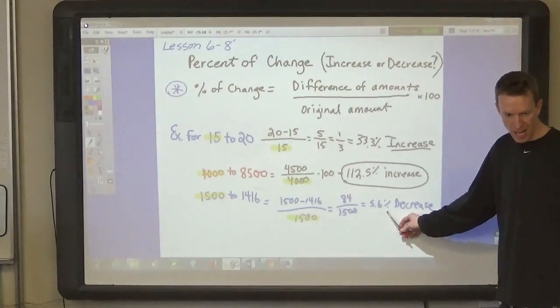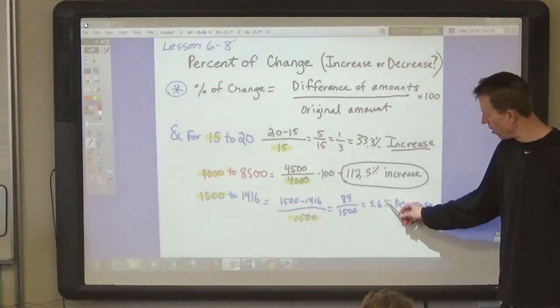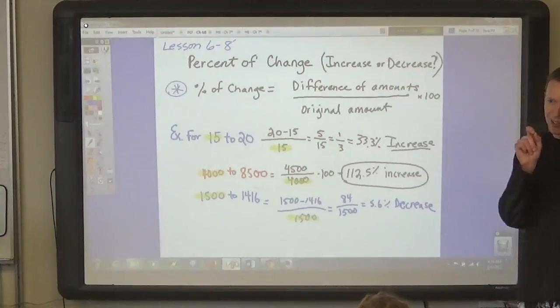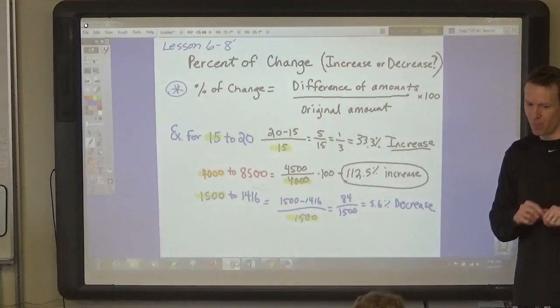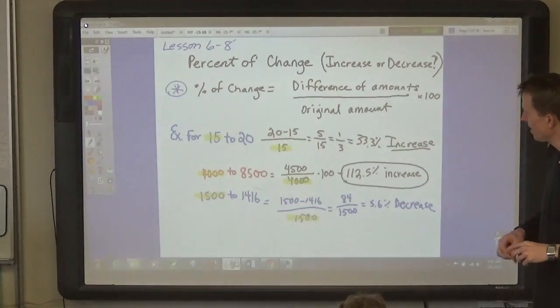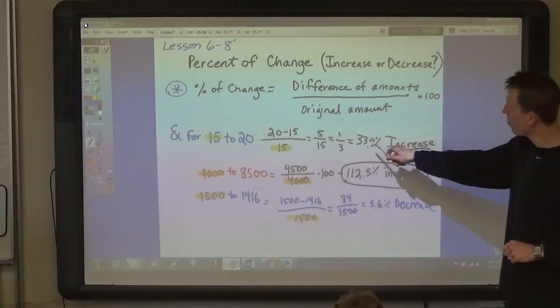What is this sign? Nope, this is not the divide sign. It's the sideways, it's the percent sign. Okay? Yep, the percent.